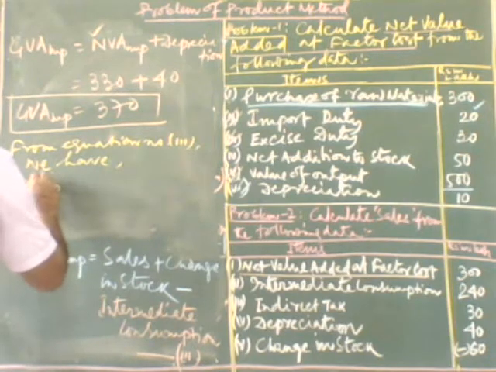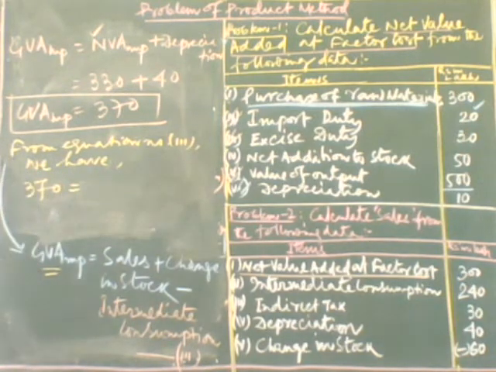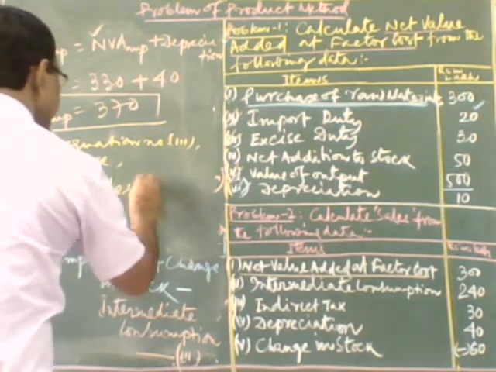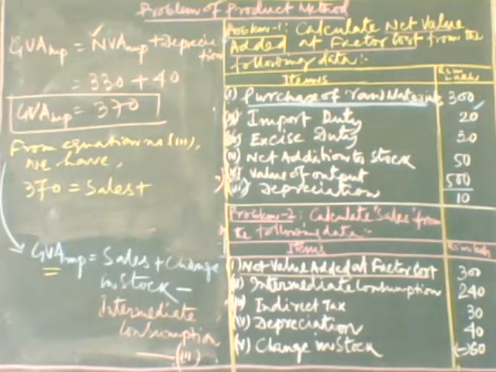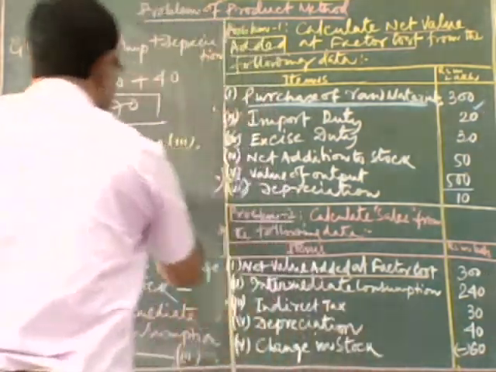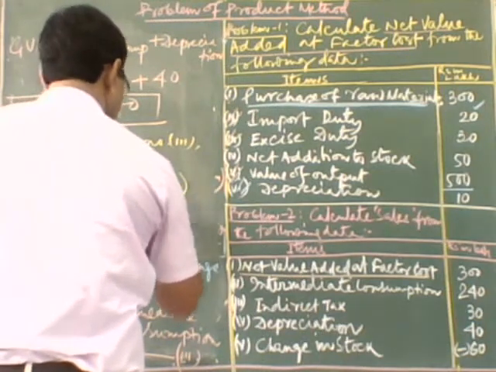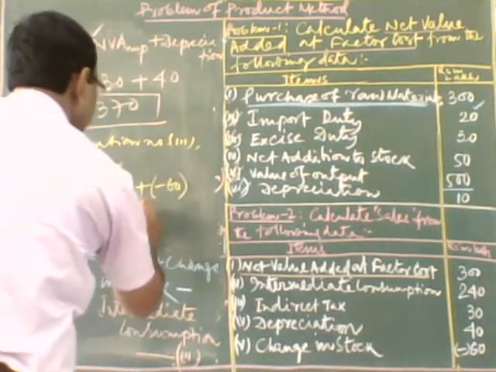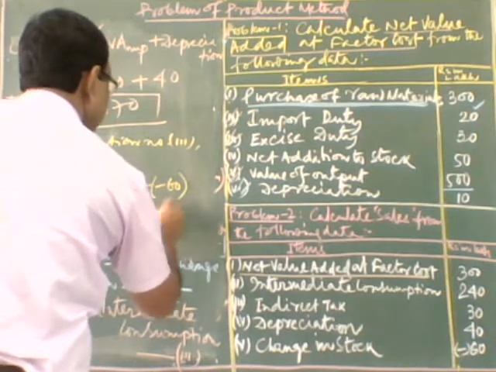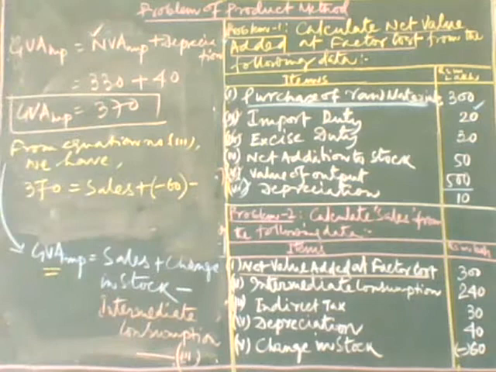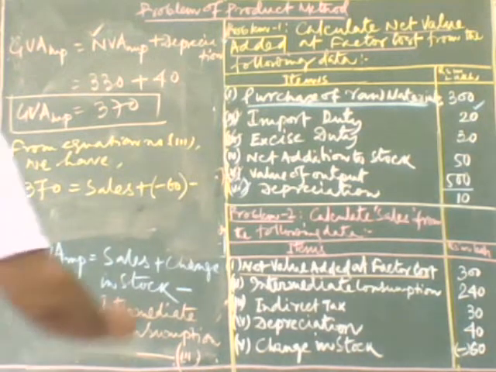You have to put the value 370 is equal to, we have to calculate the value of sales, so sales will remain unchanged, plus change in stock, that value is minus 60. You have to put the value minus 60, minus intermediate consumption, that value is already given, 240.